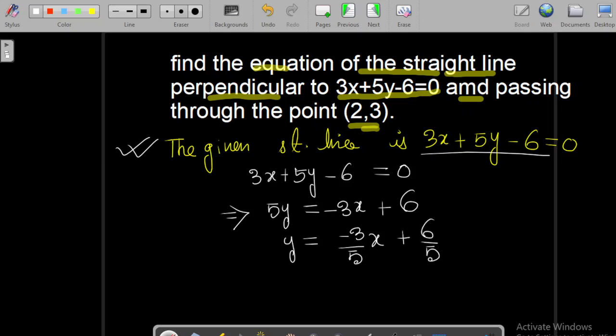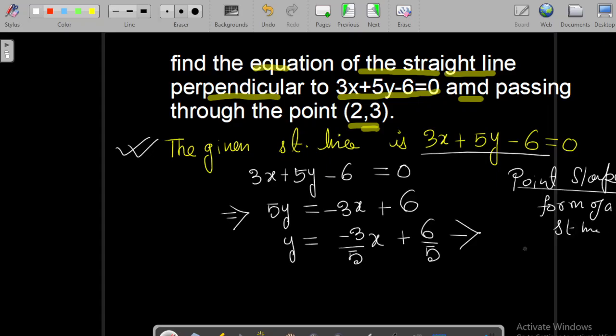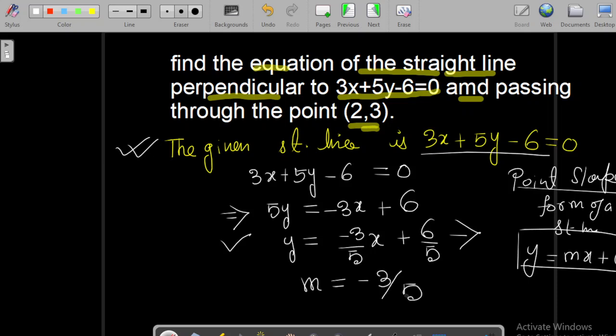Now we know the slope form of a straight line is y equals mx plus c. If we compare, we can clearly see m is minus 3 by 5, or better to say this is m1.